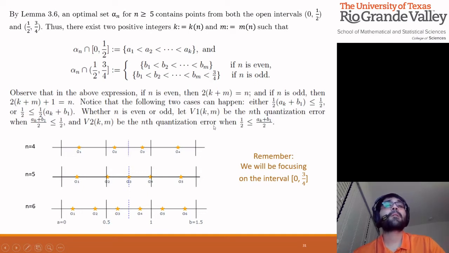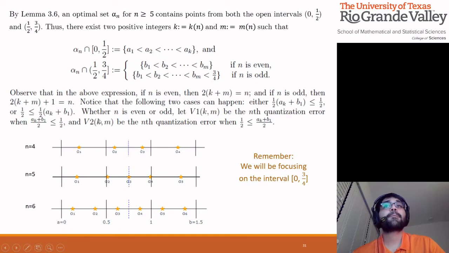And what we're going to be defining now is the n quantization error for the first case. So when the boundary of the Born region is less than or equal to 1/2, we're going to be calling that B1 of k comma m. That would be the quantization error for that case.